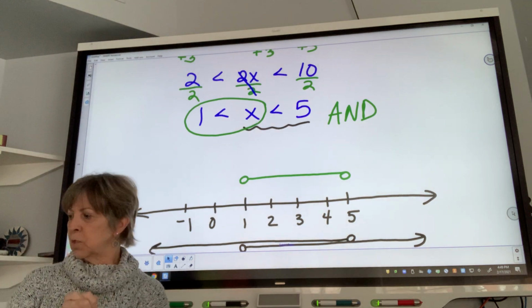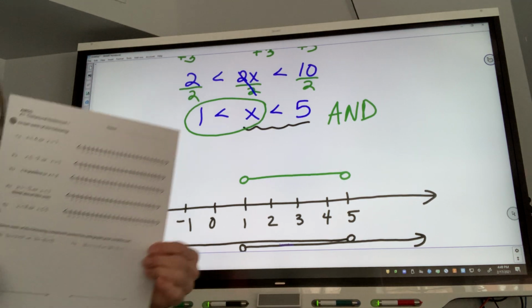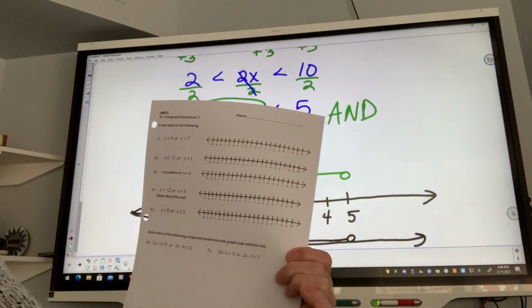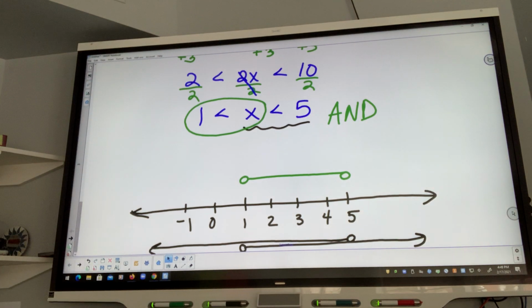Okay? So let's do one of the ones from your homework paper. I'm not sure if you have it handy. So now this should allow you to do this homework paper, which is, oh, wrong one, my bad. Uh-oh, I got my papers messed up here, okay?